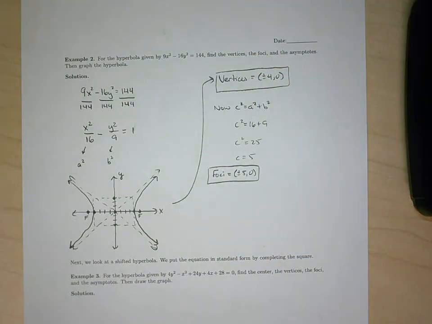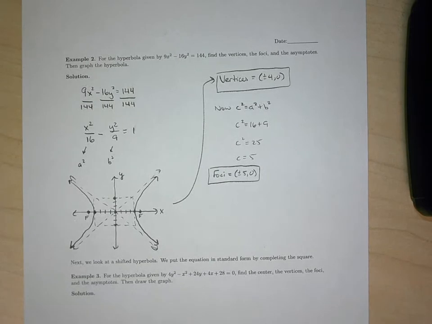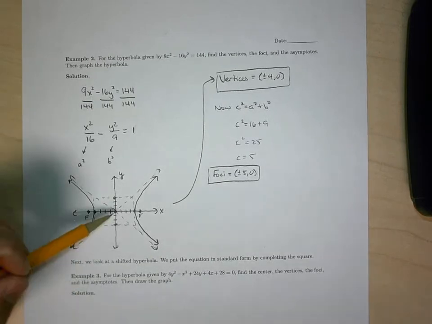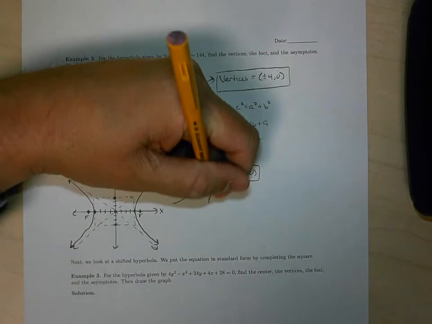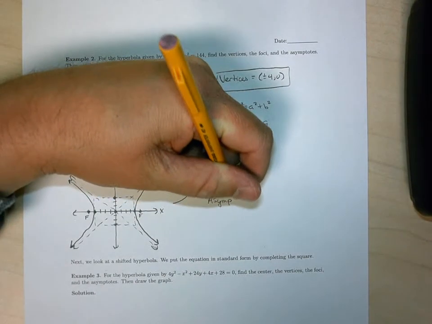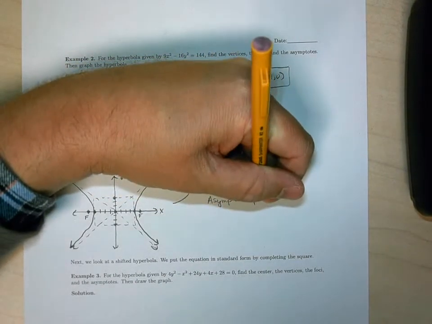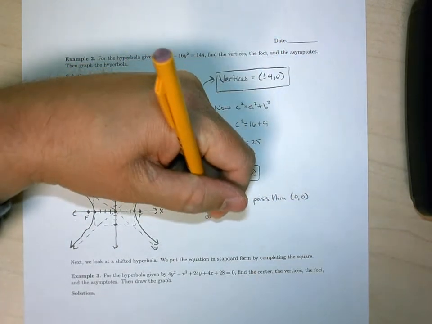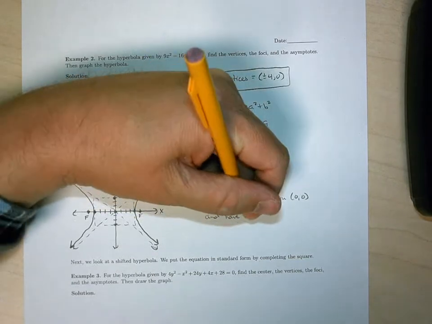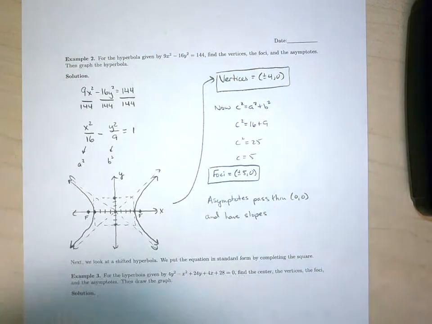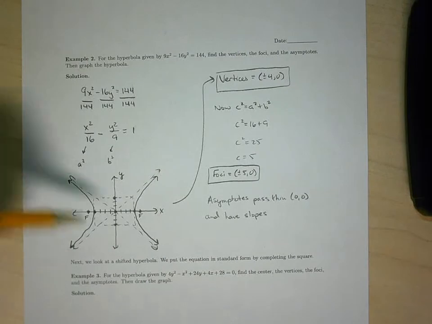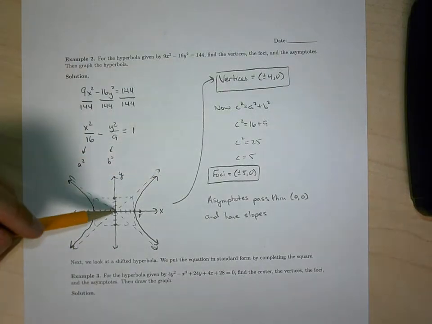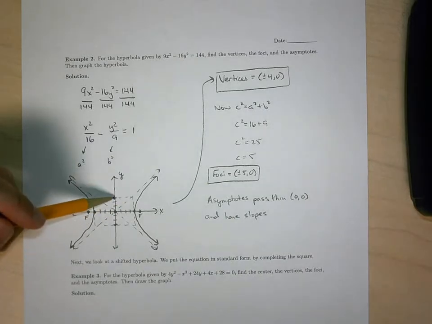The last thing we find are the equations of the asymptote lines. So they both pass through the center, which is the origin, excuse me. So the asymptotes pass through 0, 0. The other defining characteristic of a line is its slope. Well, let's see. For the upward pointing line, if we start here and go to the corner of the box, we go up 3 and right 4.